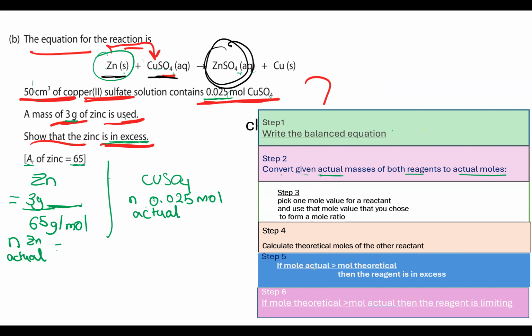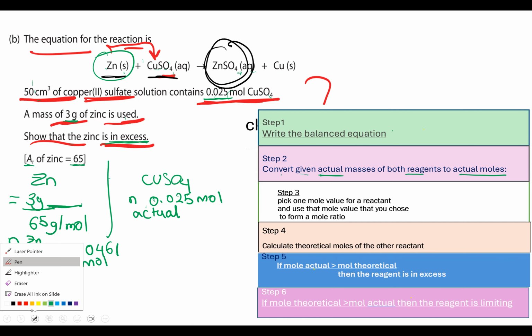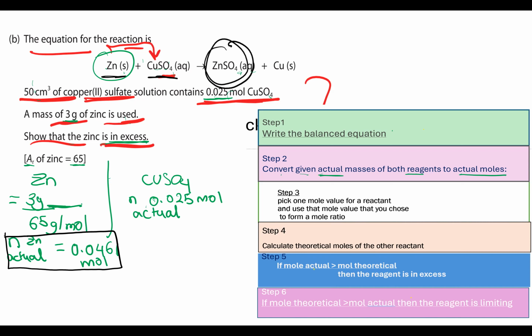Okay, so that value, now you are going to calculate it. So it's 0.0461, and we're going to write here moles, and it's all actual for zinc. Now I already have my actual moles for copper here.